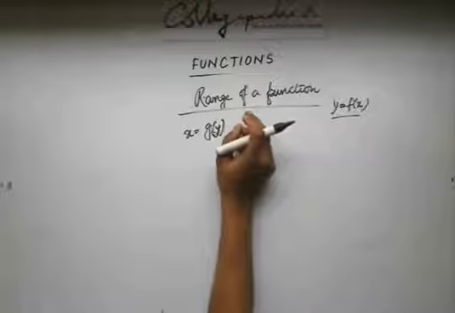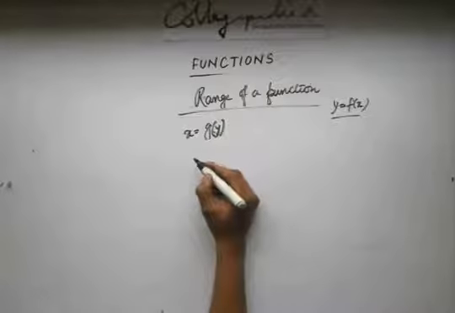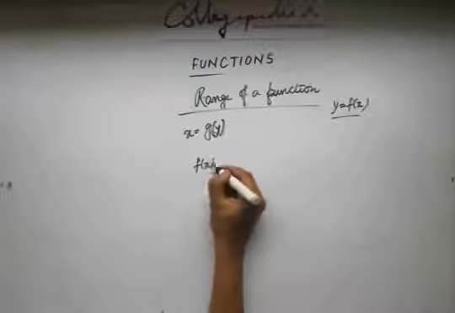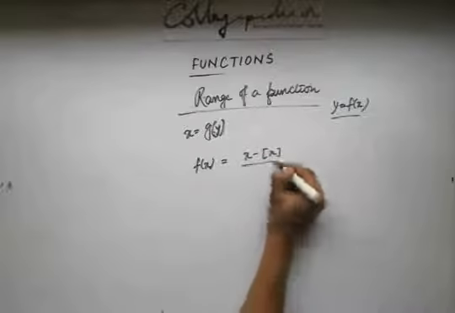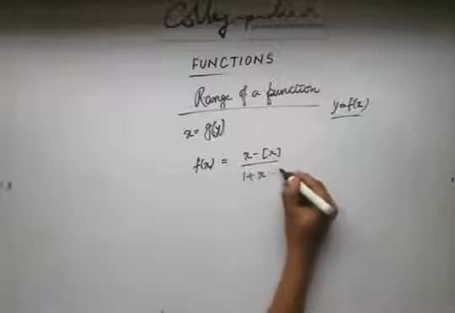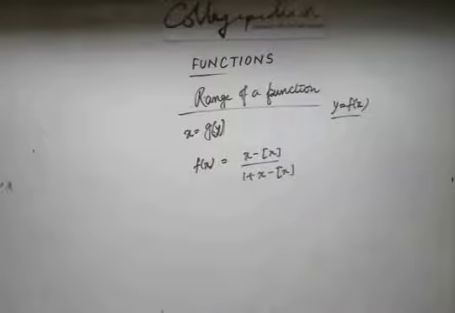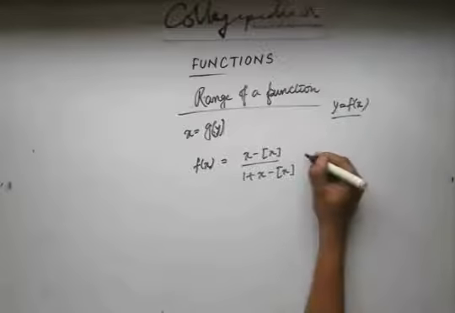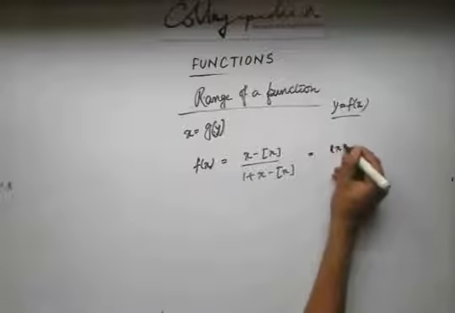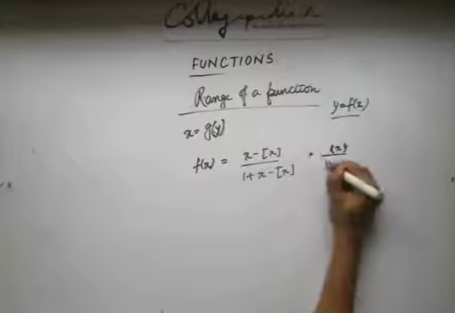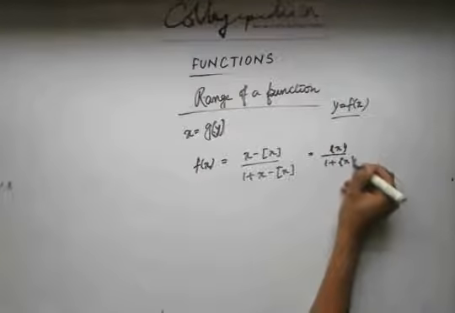Okay, let's say I give you a question like I have to find the range of this function, x minus box of x divided by 1 plus x minus box of x. To find the range of this, I can write this, x minus box is fractional part.